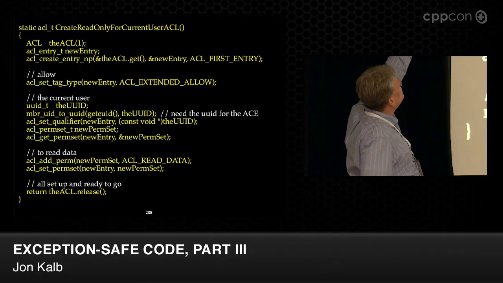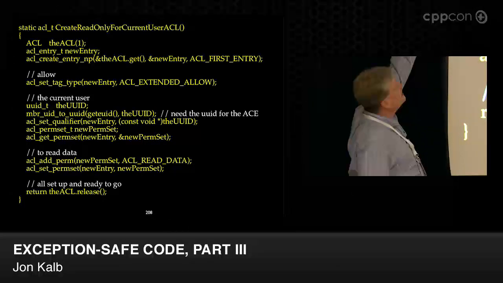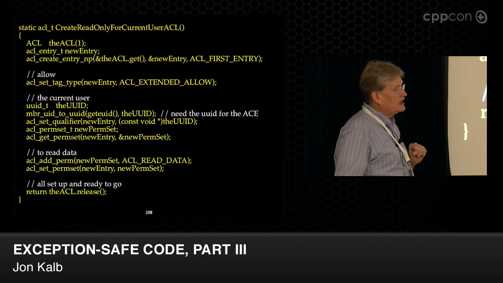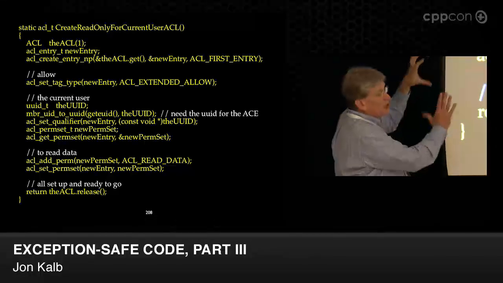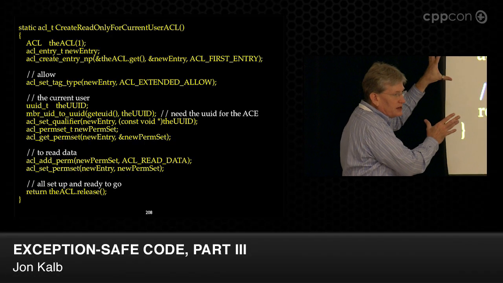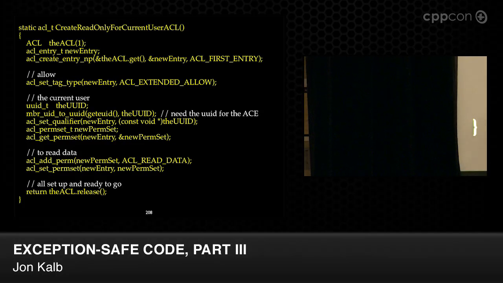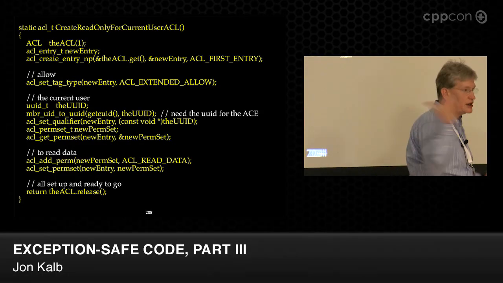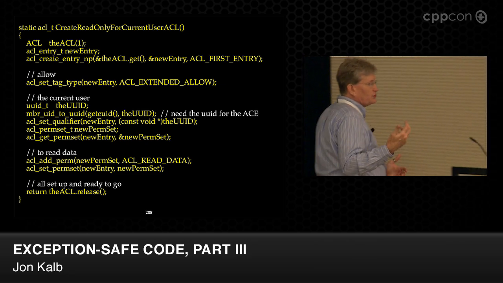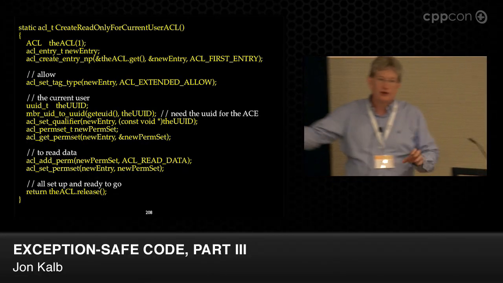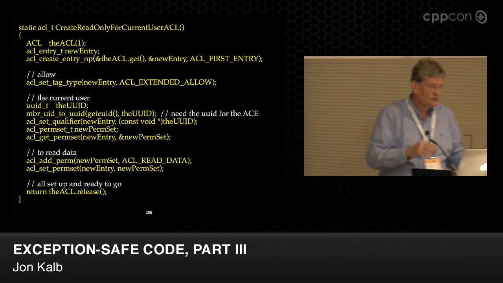So if any of these throw, it cleans up the ACL for me and propagates the exception, because in this version of the function, it's actually OK to throw. Then when we get down to the bottom, we return ACL dot release, because we don't want it to clean up, since we actually wanted to return the ACL. If we were rewriting the whole framework, we probably would return the ACL wrapper object, but that's neither here nor there.